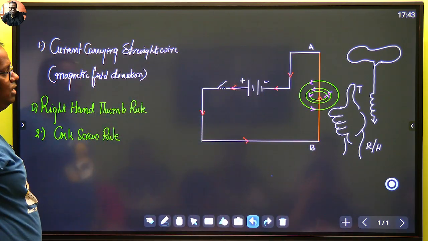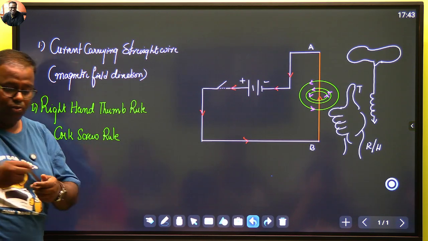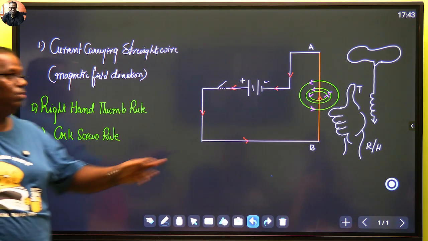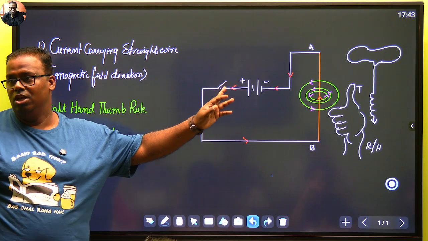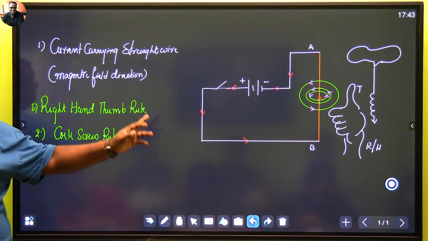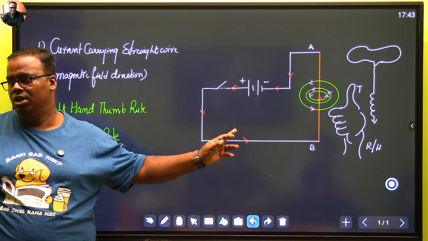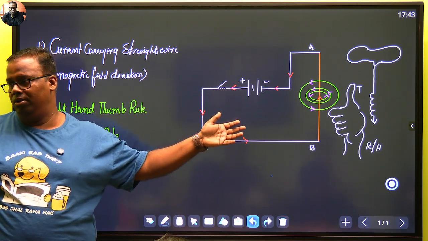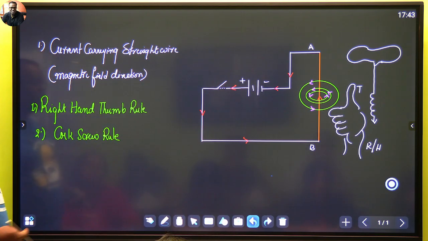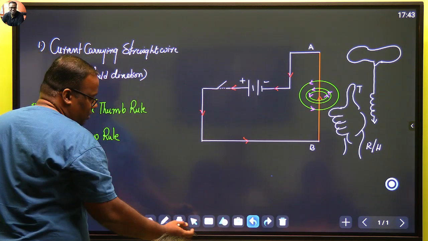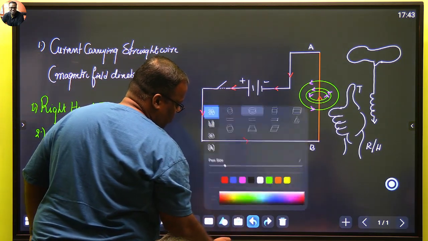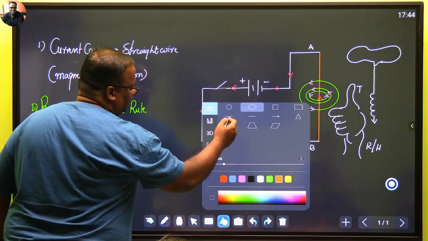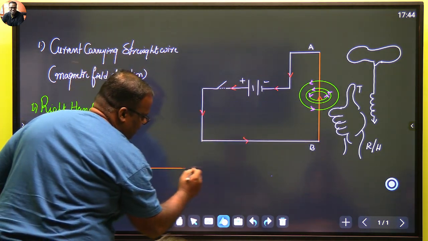So again, recap. First was Oersted's experiment, which told you current carrying wire behaves as a magnet. Once it behaves as a magnet, your job is to ascertain the magnetic field lines. Once you get to know the magnetic field lines, you should have a rule. आपको डायग्राम में ऐसे भी दे सकता है. अच्छा बोलिए तो, tell me something. If in your test paper they give you the diagram like this, ऐसा बना दे.